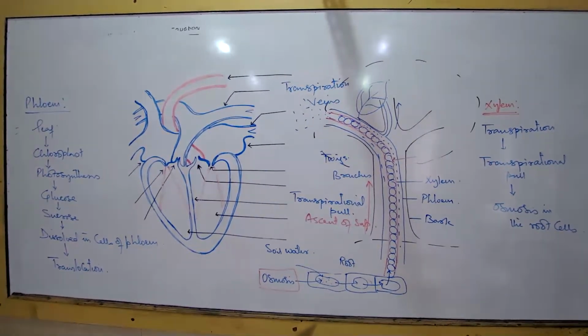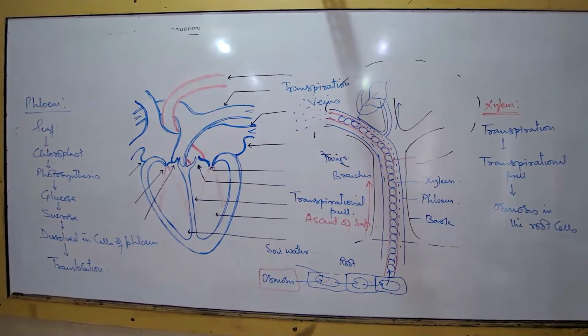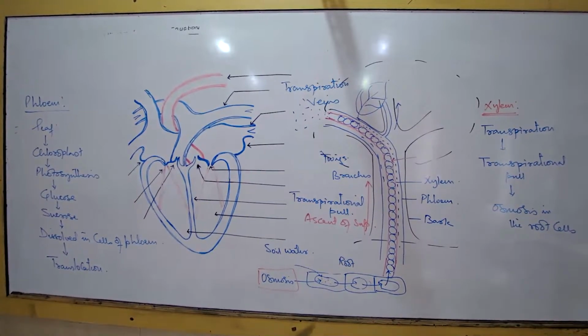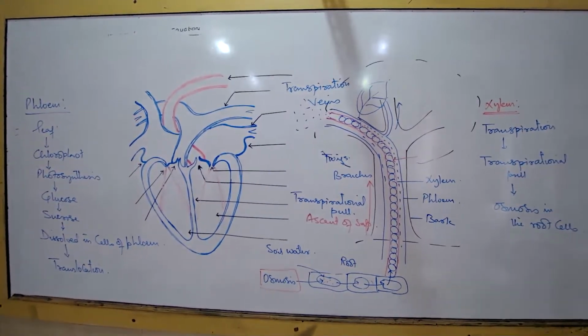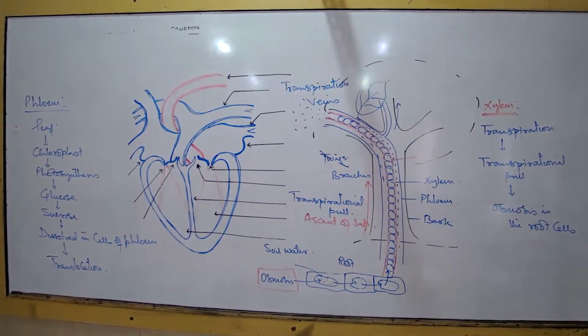Explain the process of transport of water and minerals by the xylem and food by the phloem. So transportation by xylem, transportation by phloem you have to write.